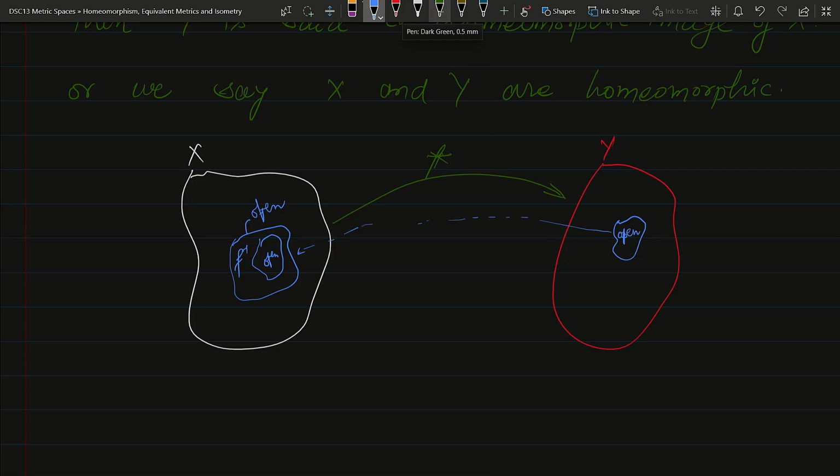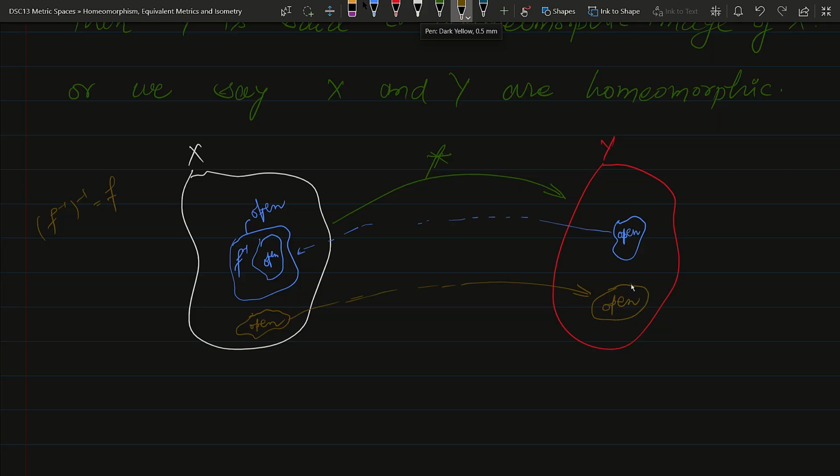Now the same thing can be done from the left side also. If you consider any open set and identify the inverse image under f inverse, we said that when we define the f inverse function from Y to X, it is also continuous. So applying the continuity of f inverse, we take a set and identify its inverse image, and we know that the inverse of f inverse is f. So the inverse image of this open set will also be an open set, right?